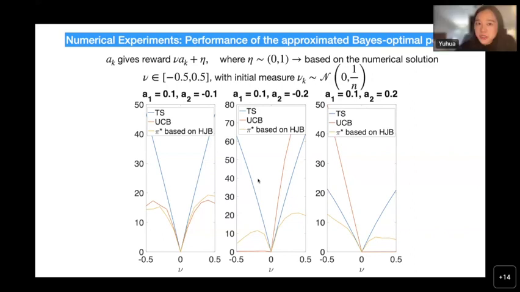Yes, it's a 5-dimensional problem because we have two arms which have S and Q, that is 4-dimension, and then time is 5-dimension. Here we use 100 time discretization, which the computation cost is still doable.